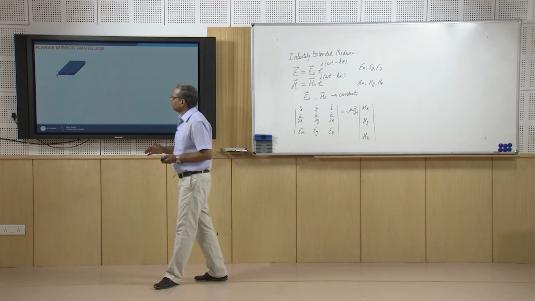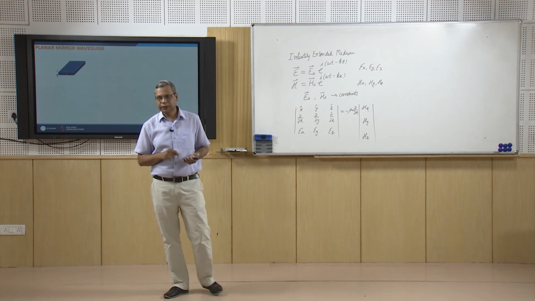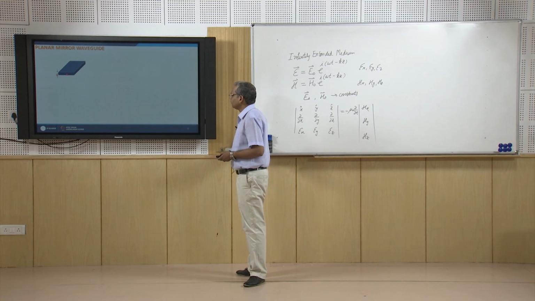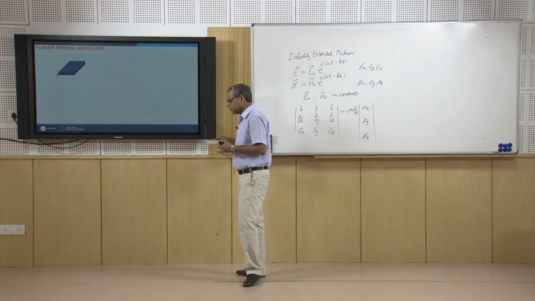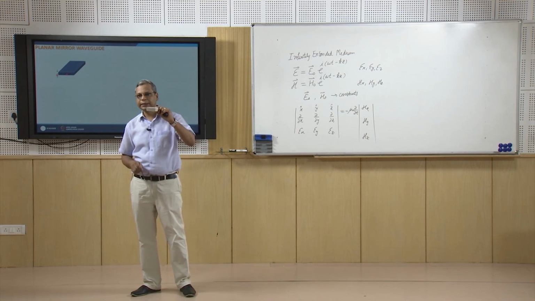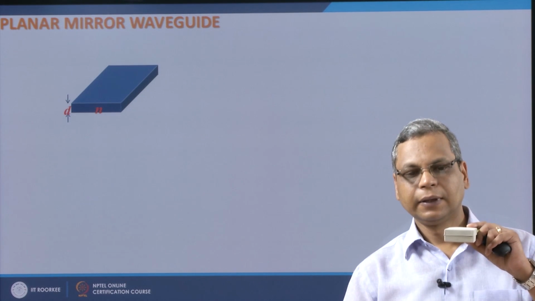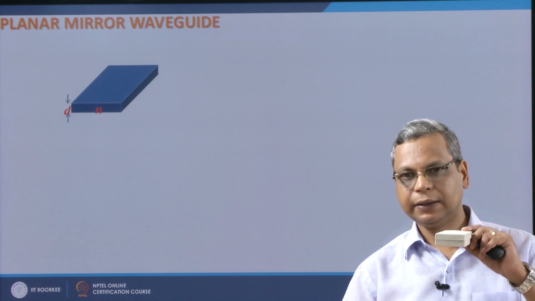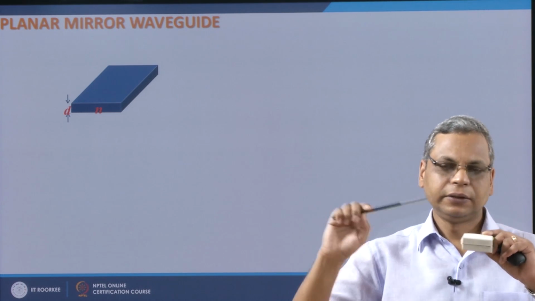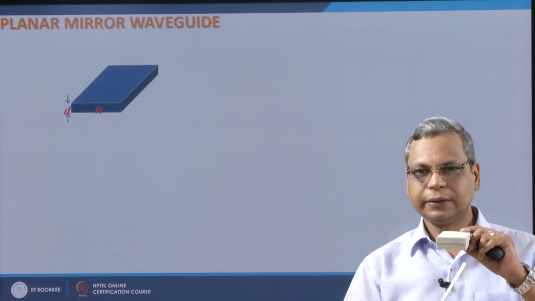So, let me apply it to a very simple waveguide, which I call planar mirror waveguide. What is a planar mirror waveguide? You take a very thin slab of refractive index n, let us say glass. It has got a width d and refractive index n, and I polish it, and I deposit metal here and here.